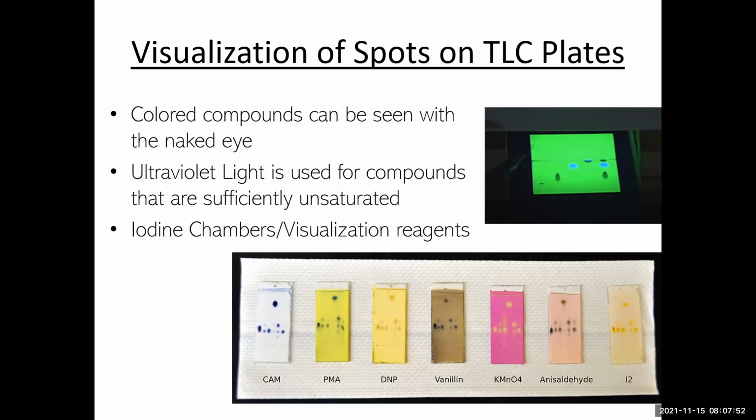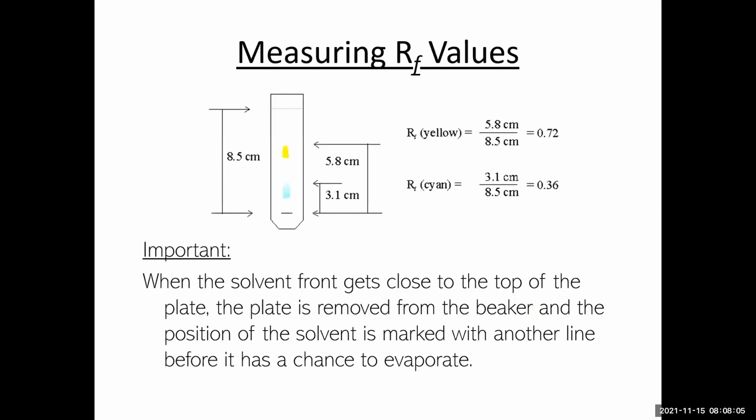Sometimes it'll just react at room temperature with those stains. Sometimes you have to heat it up. So there's a variety of methods you could use if you're struggling to visualize compounds. But you won't struggle in this lab because we've made sure that the compounds are nicely unsaturated and will either be colored or you'll be able to see them under the UV light.